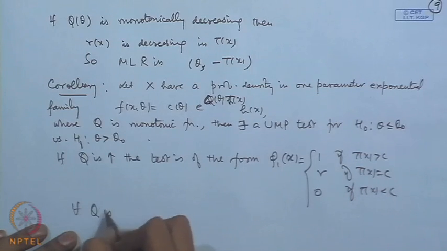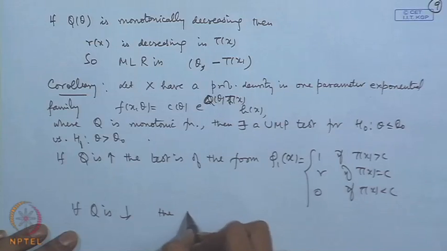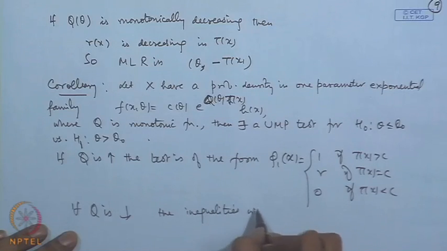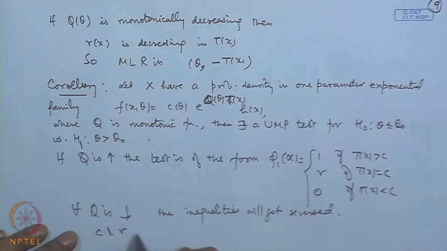If q is decreasing, the inequalities will get reversed. And here c and gamma are determined by expectation under theta naught of phi 1 x is equal to alpha.